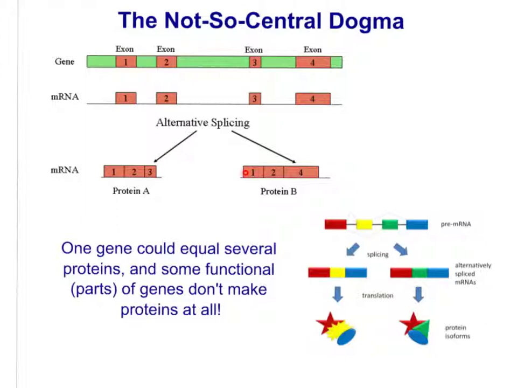So we see things that are not part of our central dogma. They sort of violate this rule. However, most of the time, the central dogma does hold true. Most of the time, one gene codes for one protein. It's just not always that clean and nice. It is a little bit messier than that in reality.